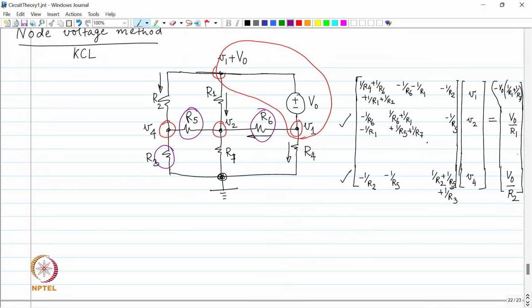So 8 minus n minus 1, where n was 5 and n minus 1 was 4, gives 4. So the maximum number of current sources is 4 in this case.